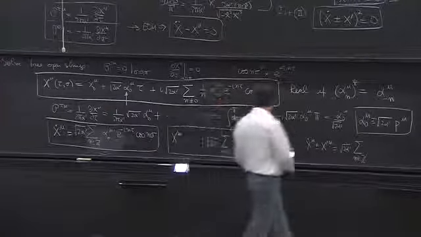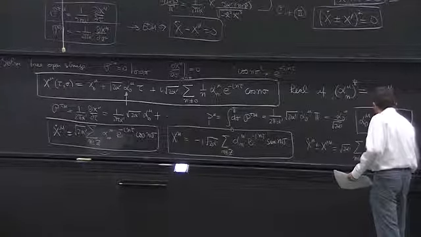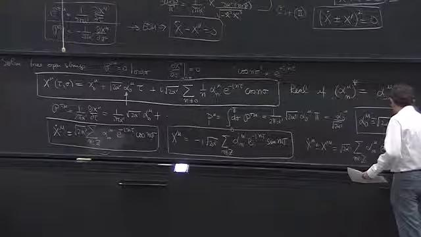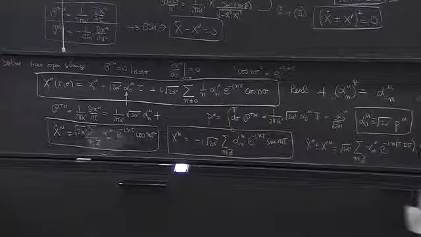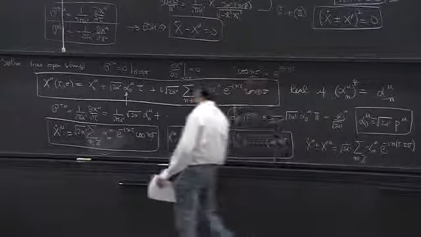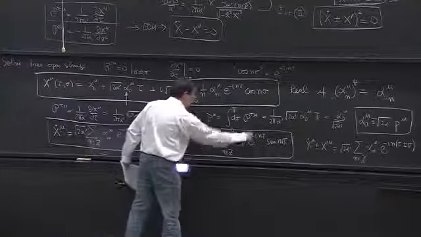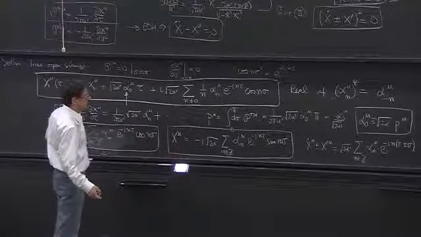So what do we get? We get alpha n mu e to the minus i n tau plus minus sigma. Let's check the top sign. For the plus, you should get cosine n sigma and minus i sine n sigma, so it should be e to the minus i n sigma.